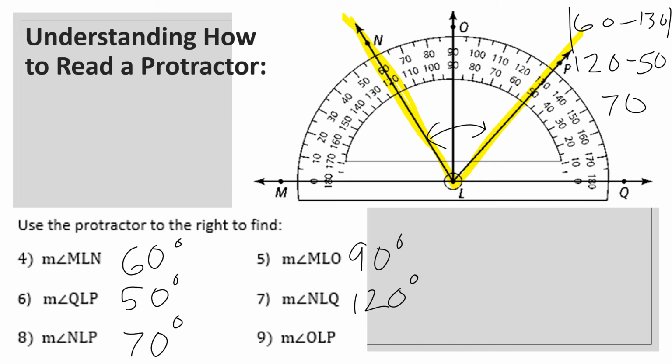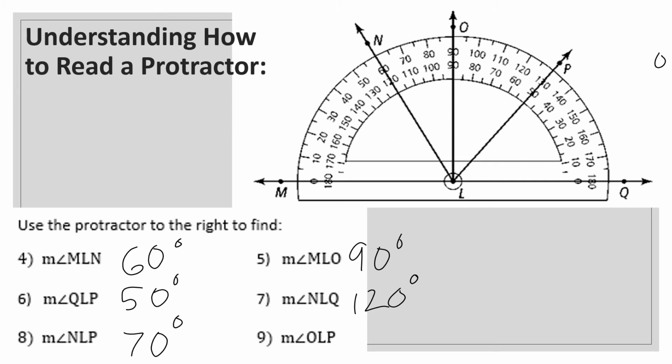I'm just doing simple math here. I'm just adding or subtracting. Okay? Then the last one, measure of angle OLP. So this is going to be kind of similar to the last one that we did.